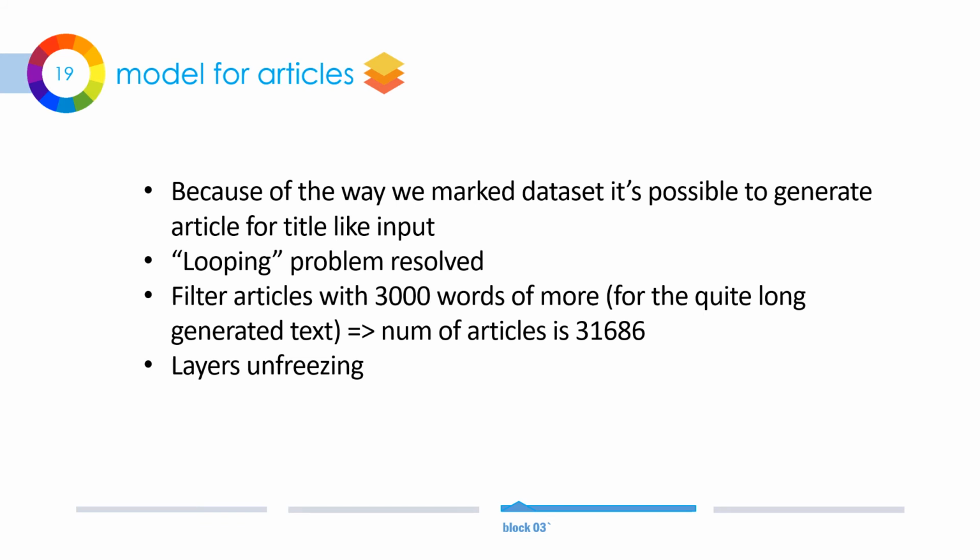Looping was a problem that has been fully described in the article. Shortly, some part of text began to repeat several times, and the model couldn't generate the next part of text. It was because of some text generation parameters, top K and temperature.